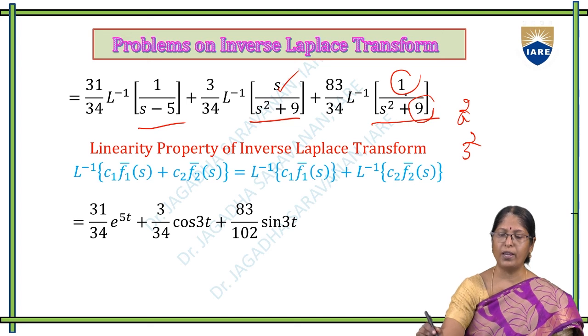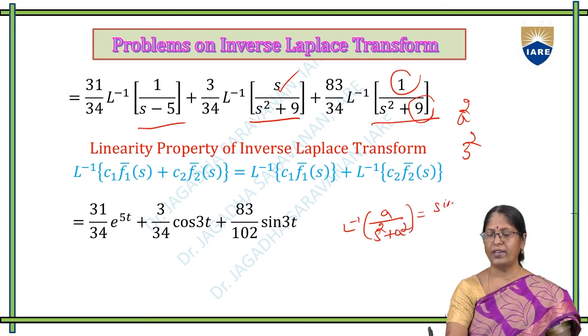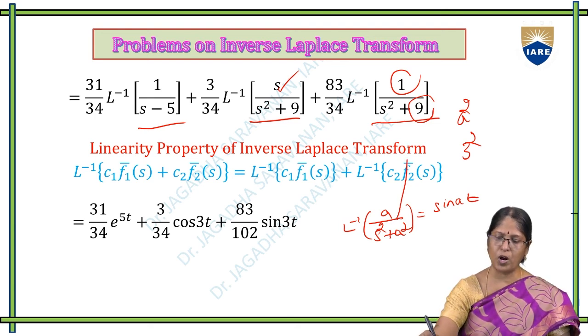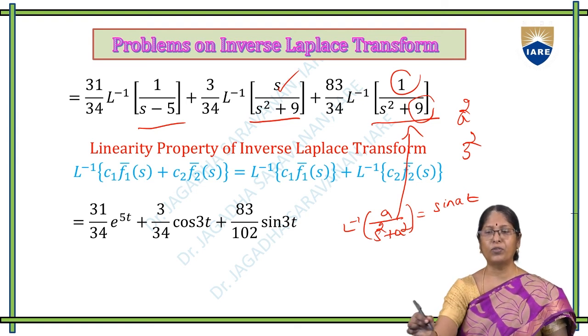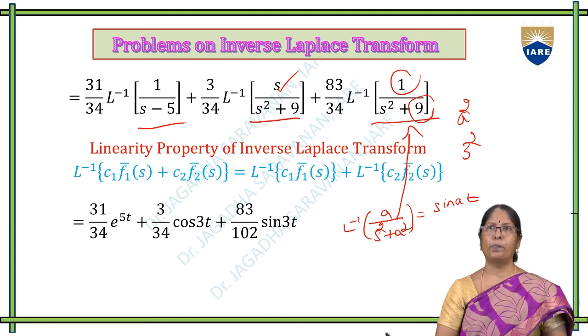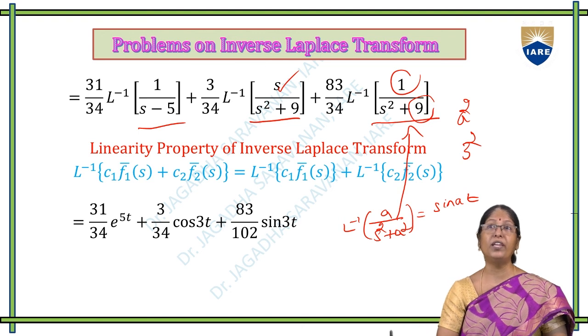The top should be a, that is L inverse of a by s square plus a square, which is nothing but sin at. According to this formula to fit, a is missing, that means our 3 is missing. In the place of 1, we need 3. It is a must for us. Replacing the 1, we have to keep 3 there.